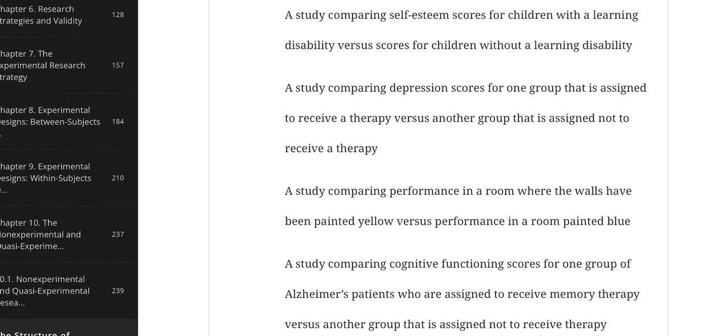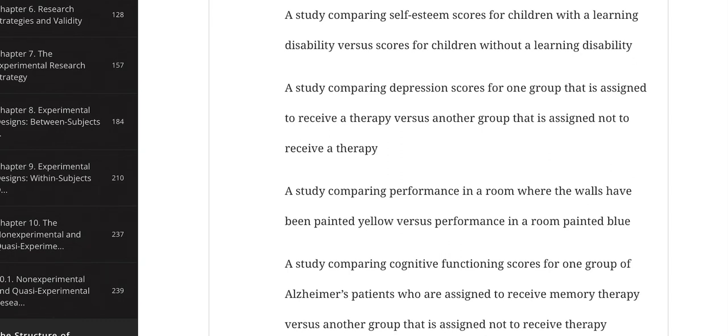I don't even need to go all the way through that, because that word assigned should be a red flag for you, because if they are being assigned to a group, there's that control, there's that manipulation. That means it's an experiment, right? It cannot be non-experimental if there is an assignment process going on.